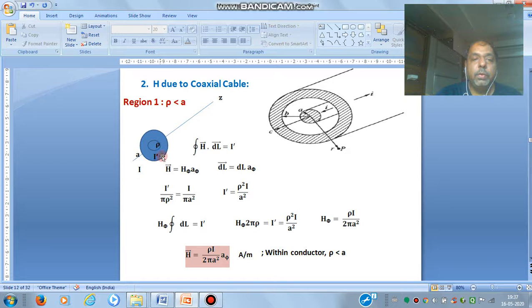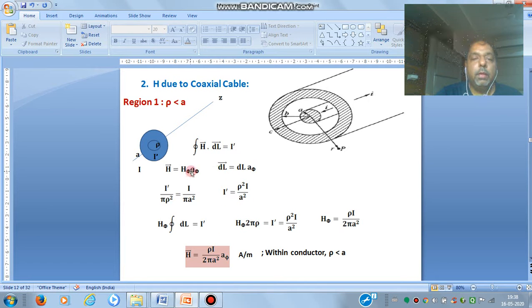That is I dash upon pi rho square, because rho is the radius of the inner loop and A is the radius of the outer loop. The current density inside the loop and outside the loop will remain the same. So I dash upon pi rho square is equal to I divided by pi A square. In this fashion we can calculate I dash. So I dash is equal to rho square I upon A square.